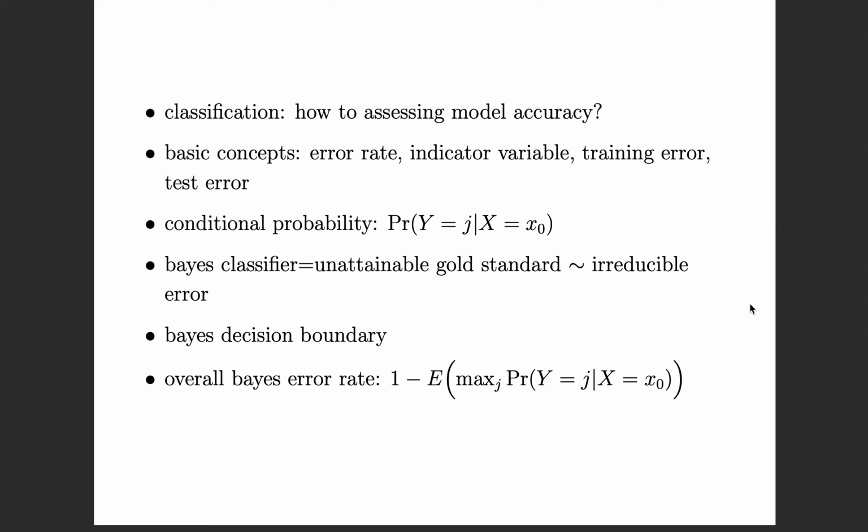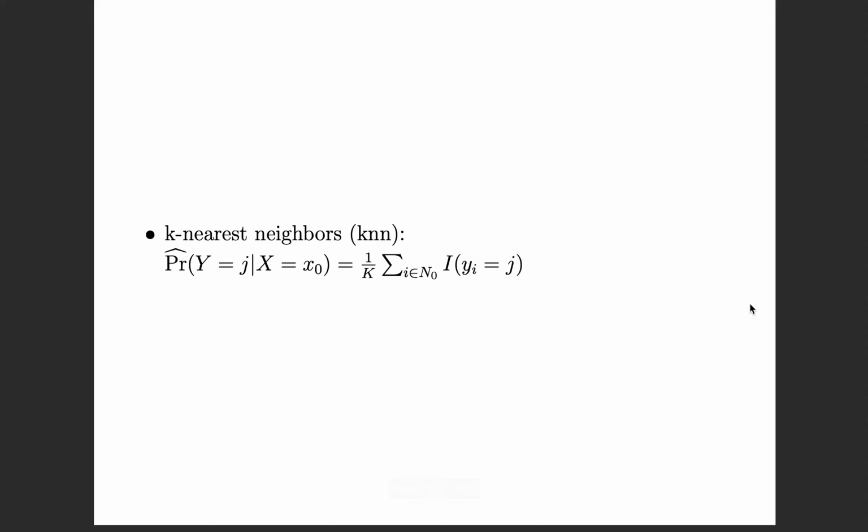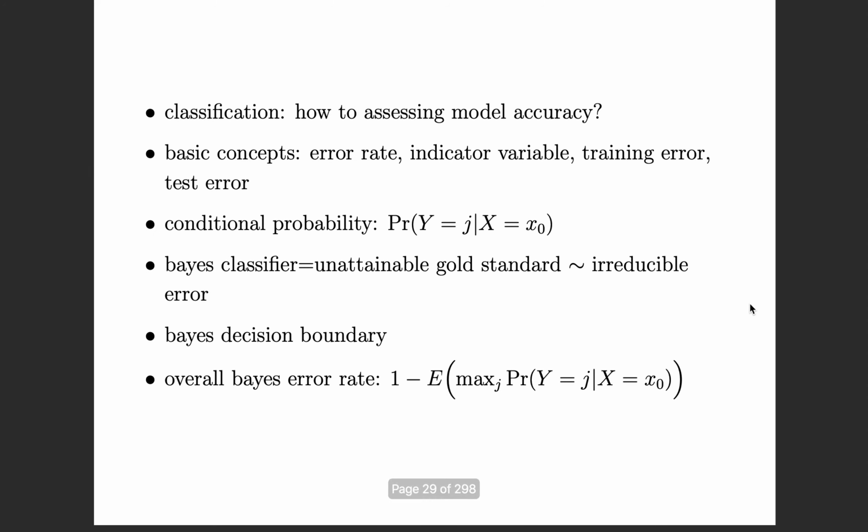And the other concepts that are used here are error rate, indicator variable, training error, test error, but essentially it is all about the probability of making a mistake, the probability that an email is misclassified, okay?